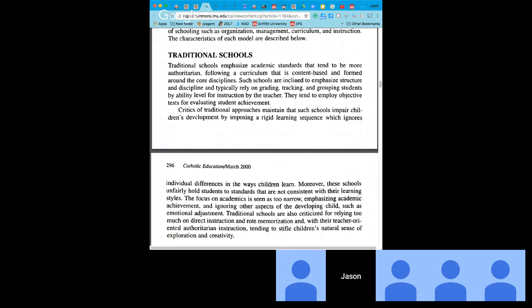Singapore is another country that has achieved very highly in those rankings. They would definitely have been described as a traditional approach in the past, but they've recognized the limitations of that in focusing on the lower order thinking skills and are now reframing their entire system to focus on progressive approaches and higher order thinking skills.